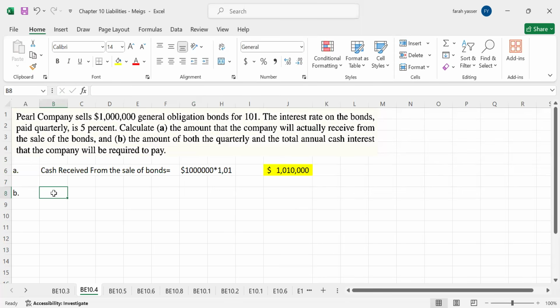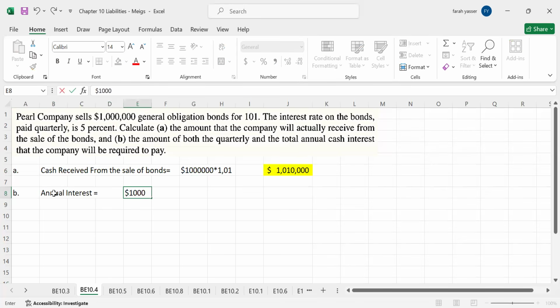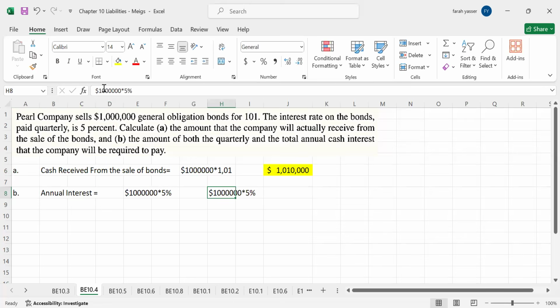Okay, so annual interest will be calculated on the total amount, $1 million, multiplied by the interest rate of 5%. So annual interest would be $50,000 per year.